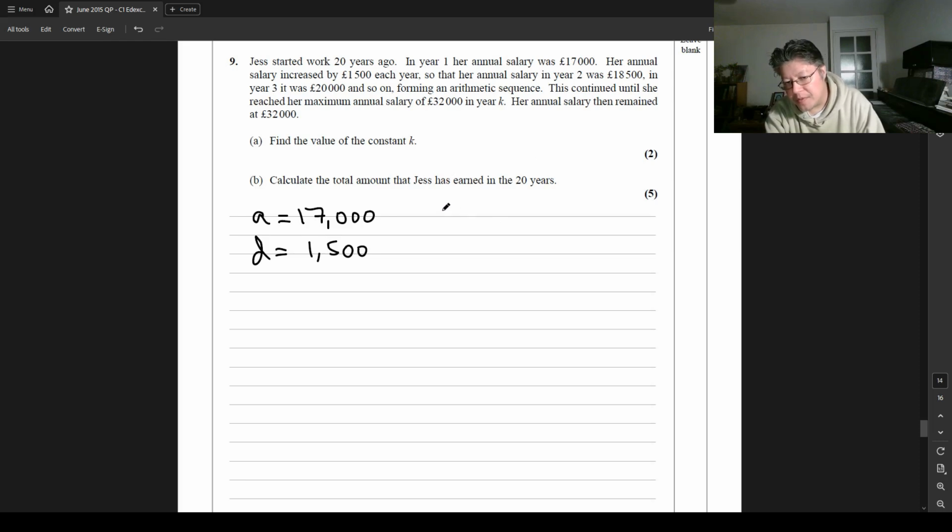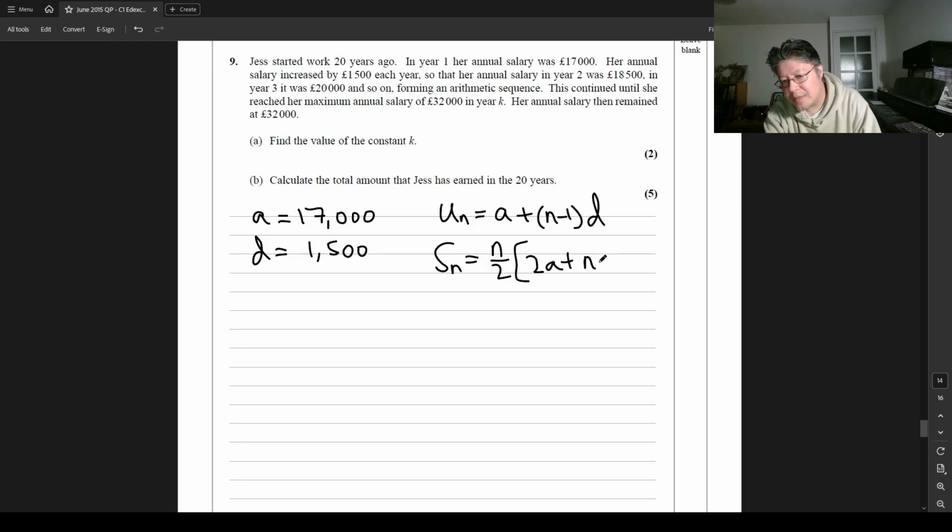So the first formula is the formula for the nth term, un, that's a plus n minus 1 d, and the sum of the first n terms is n over 2, 2a plus n minus 1 d.